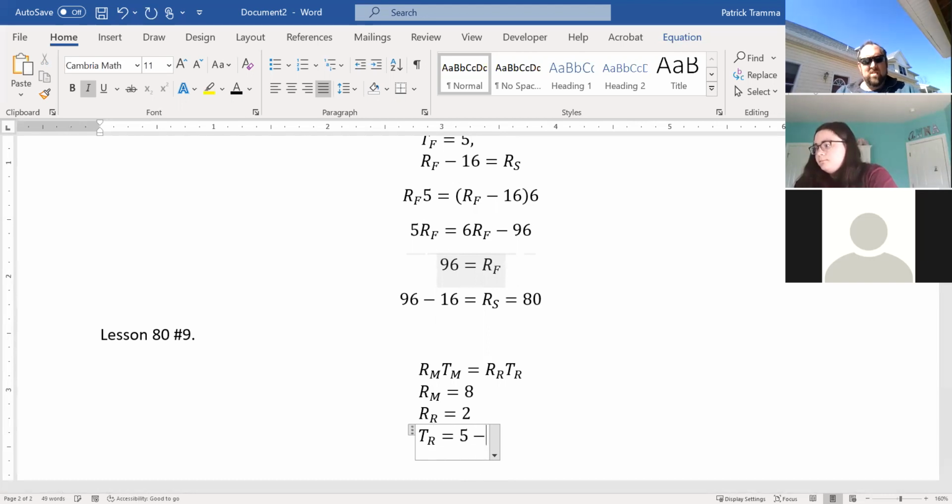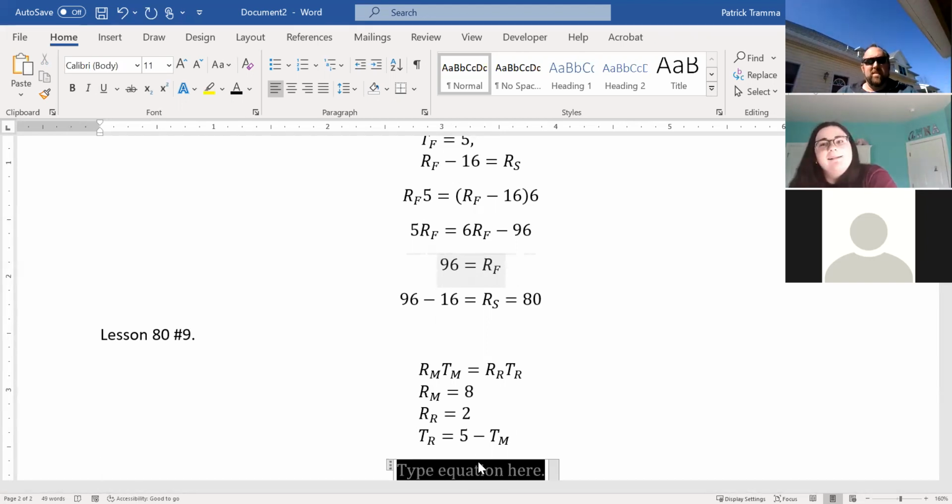Did you guys see how I just translated that? You don't even really have to translate. They give you all of the stuff you need. This is much easier than a word problem where you'd have to figure out how to set everything up. This, you just plug it in.